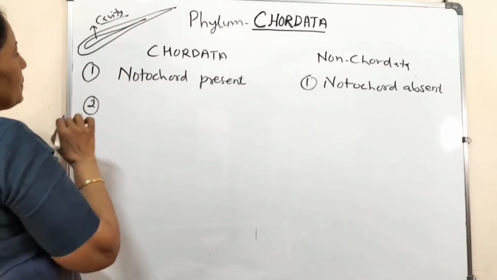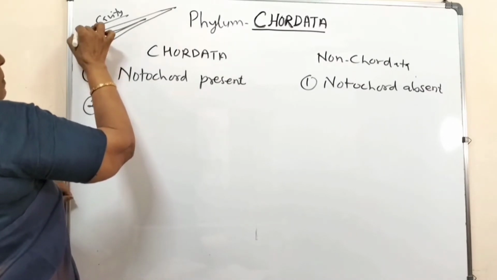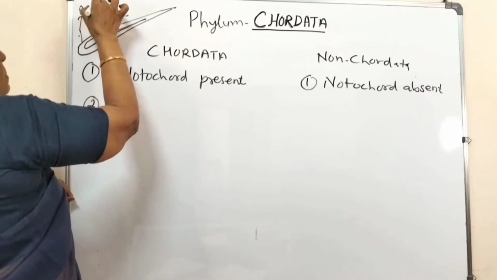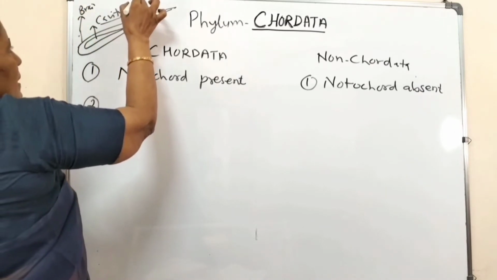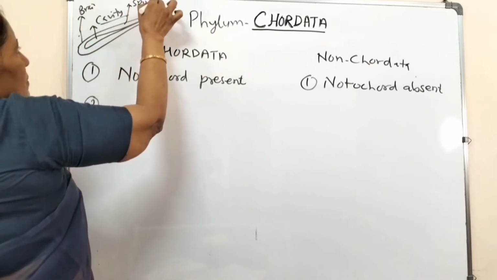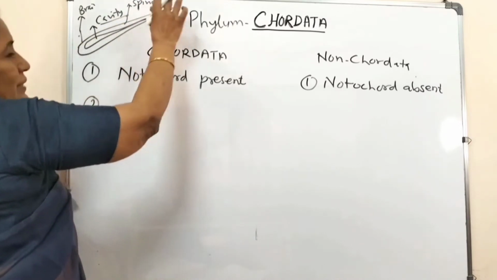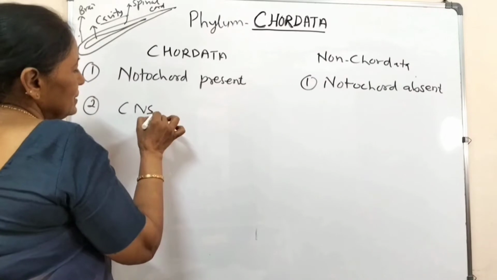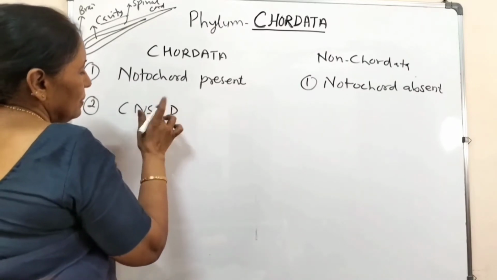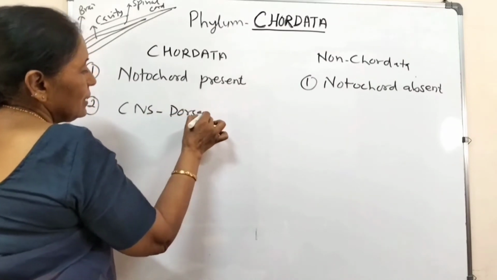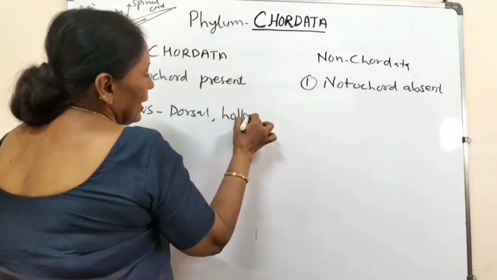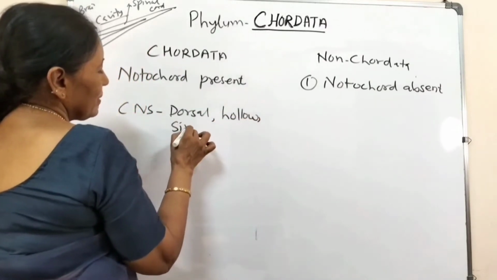The anterior part of this nerve cord forms the brain, and this part forms the spinal cord. Together it is called CNS. So this CNS is dorsal, as you know. It has this cavity, so it is hollow and it is single.